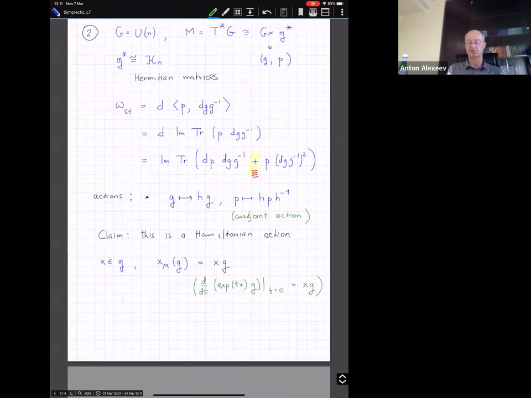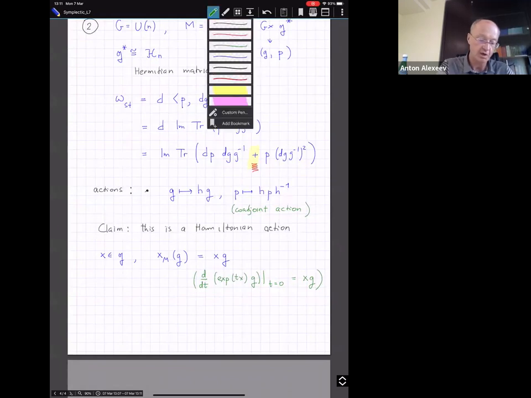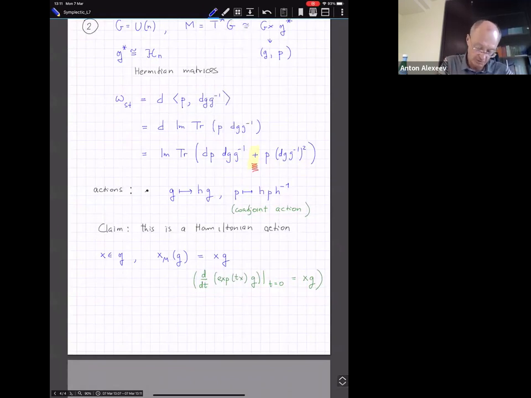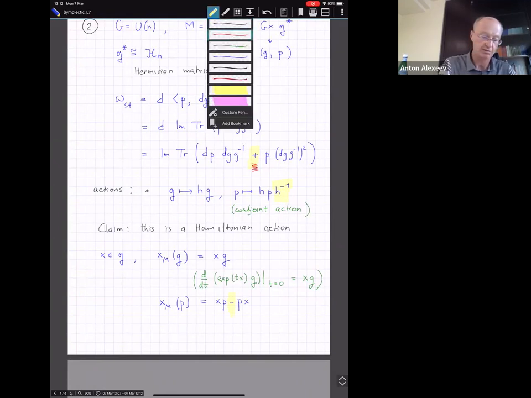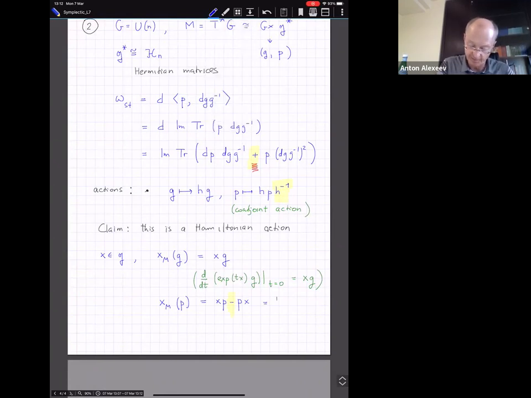Now for p, the formula will be similar, and it will be xp minus px. Obviously, the minus sign comes from this minus sign, h to the power minus 1. And I can also write it as a matrix commutator, xp.